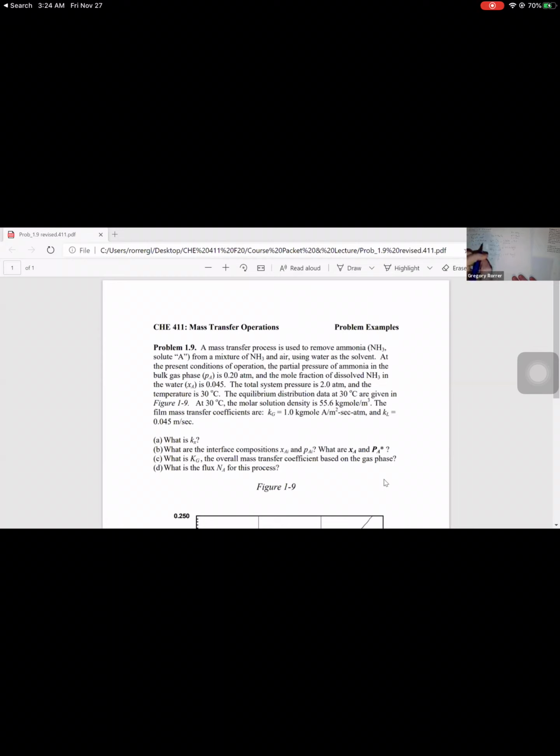Somehow the little XA star didn't get on the problem statement, but I'll indicate it correctly here.